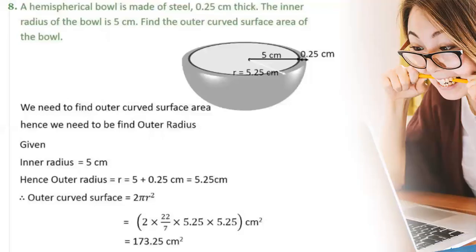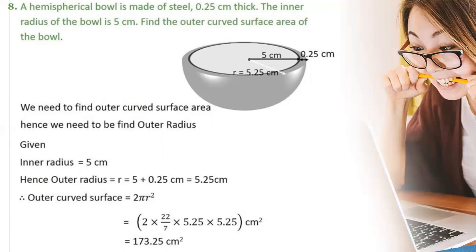So the radius of the outer surface will be the radius of the inner surface plus the thickness of the bowl, which is 5 centimeters plus 0.25 centimeters.